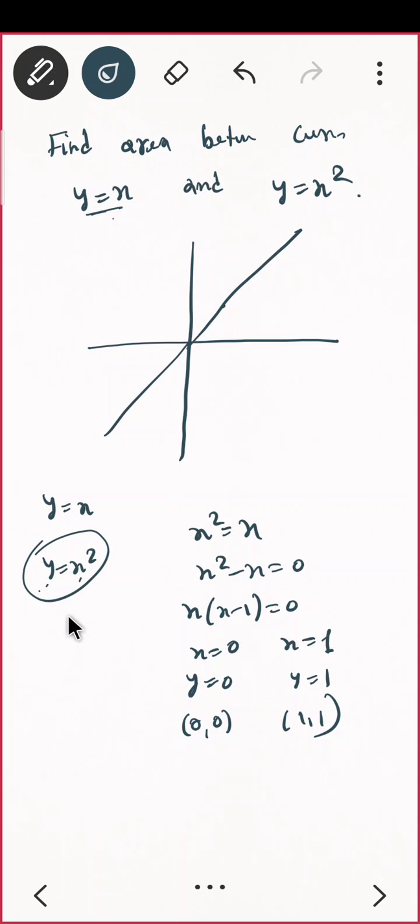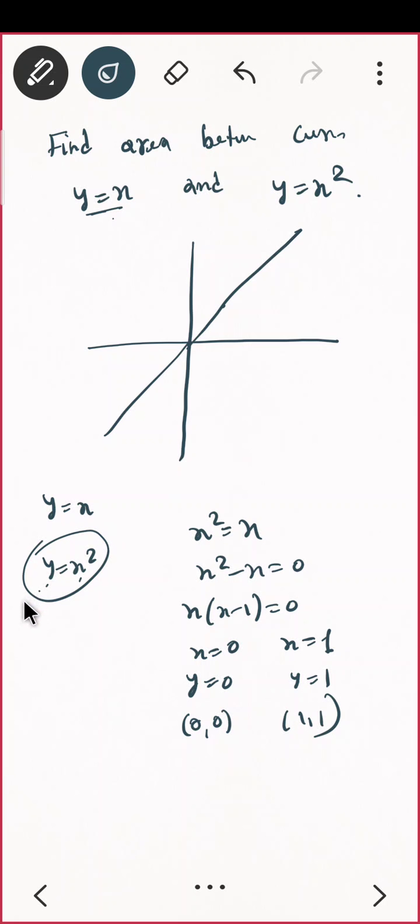Whether it is upper side, lower side, left side or right side. Y equal to x square.